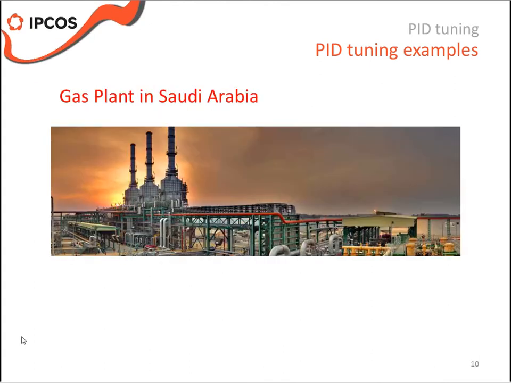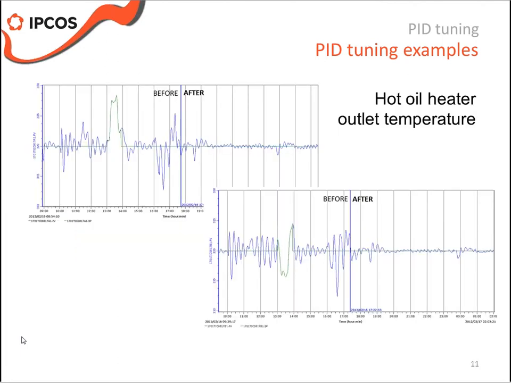My first example is a gas plant in Saudi Arabia. This particular example is on a hot oil heater. The heater provides hot oil to the plant so that this is used as a heating medium on the deethanizers and other service.